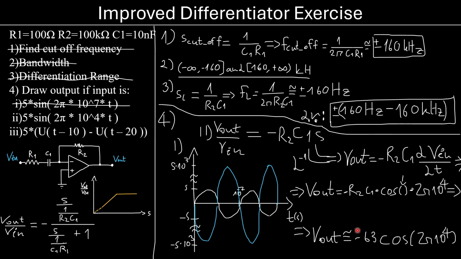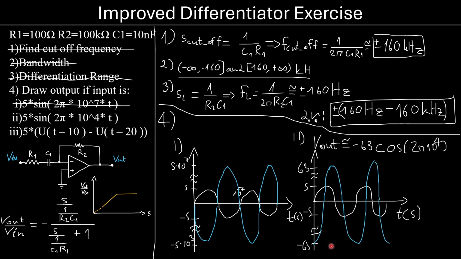If I do the math here, my output is going to look like minus 63 times cosine of the initial signal, which means that the output is an amplified version of the input. My configuration works. Oh, thank God. It's going to look like this. We would have an actual cosine here, but with the sign inverted, starting from minus 63 up to 63 instead of the opposite. Very typical stuff.